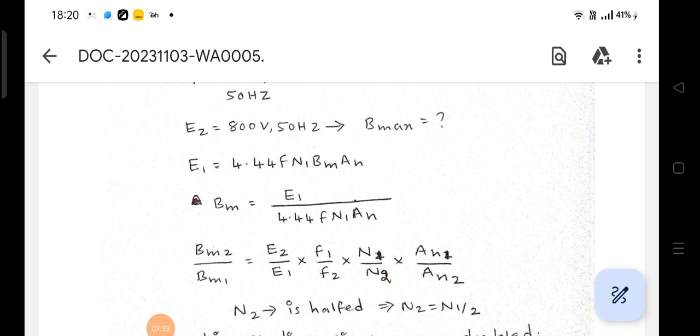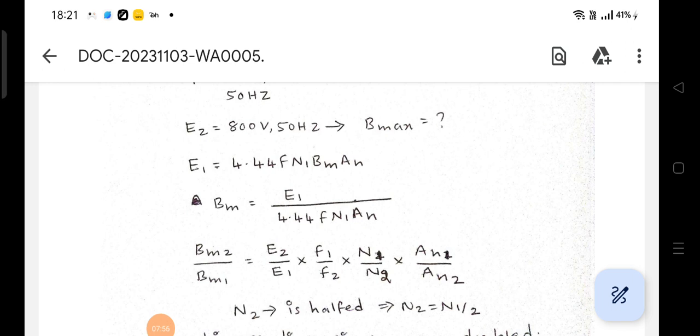Now see here, from this equation, maximum flux density is directly proportional to induced EMF and inversely proportional to frequency, number of turns and net cross-sectional area. That means I can write the formula as Bm2 by Bm1 is equal to secondary induced EMF divided by primary induced EMF. Why?